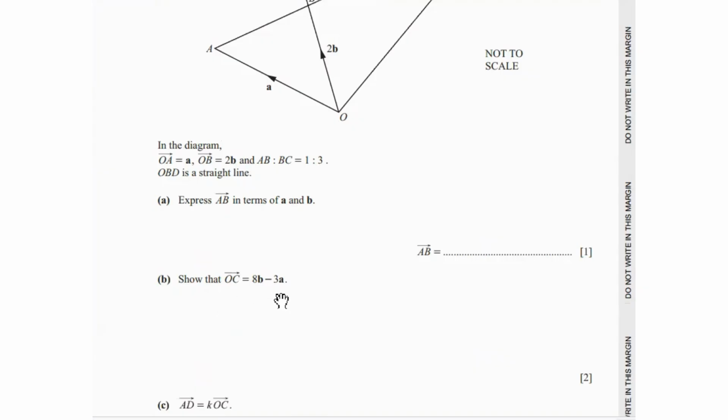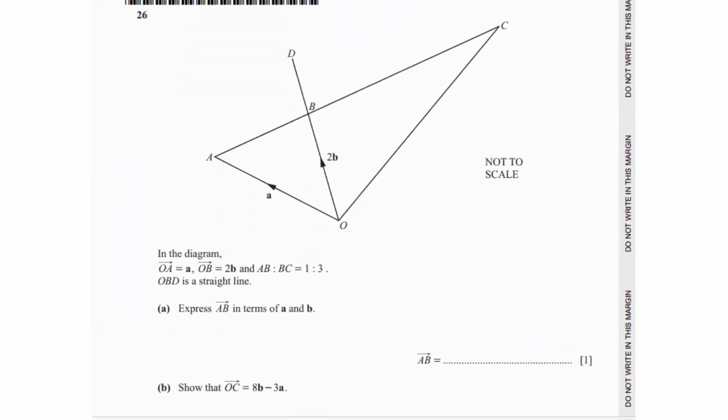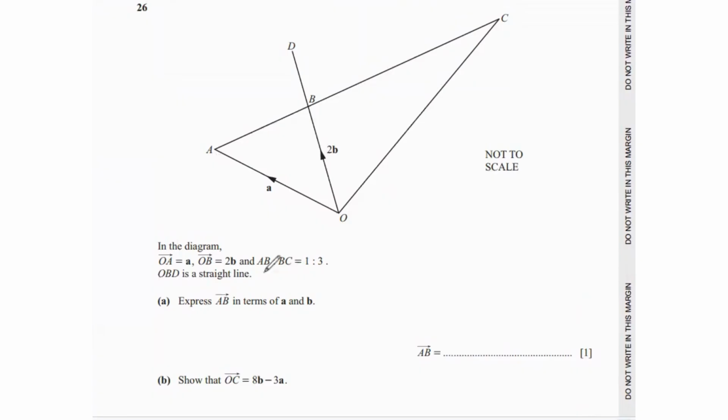Then it says show that OC equals 8b minus 3a. So for OC, first I'm going to find AC because the path I'm going to follow is OA plus AC, that's going to give us OC.